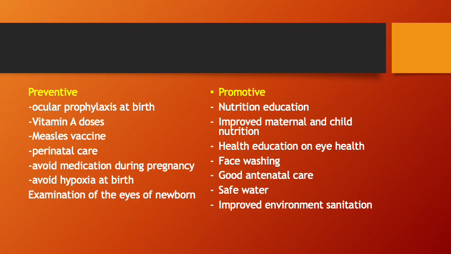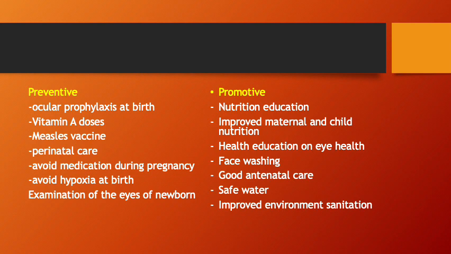In the preventive component, the interventions are ocular prophylaxis at birth, vitamin A doses, measles vaccine, perinatal care, avoiding medication during pregnancy, and avoiding hypoxia at birth.